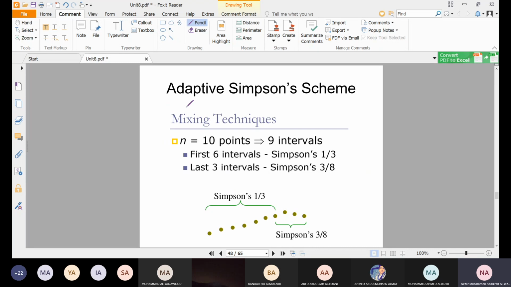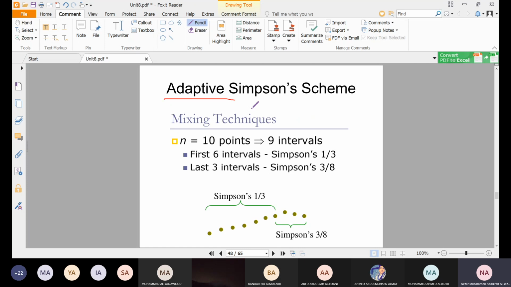Also, there is a different type of Simpson method available. We call them adaptive Simpson rules. These methods are usually adapted or modified to give more accuracy, to enhance the accuracy.